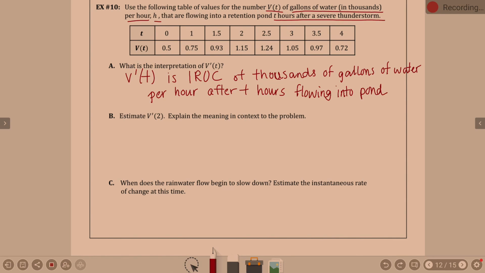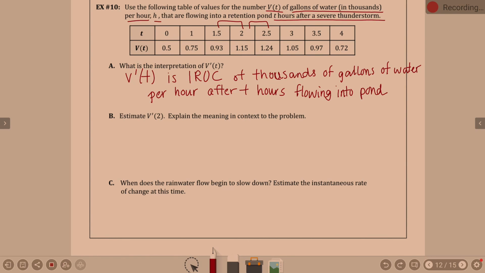Okay. How do I estimate V prime of 2? I'm going to say you have two options. We can either use those two pairs or these two pairs. There's not a definite yes of which you need to do. It does say estimate, right?